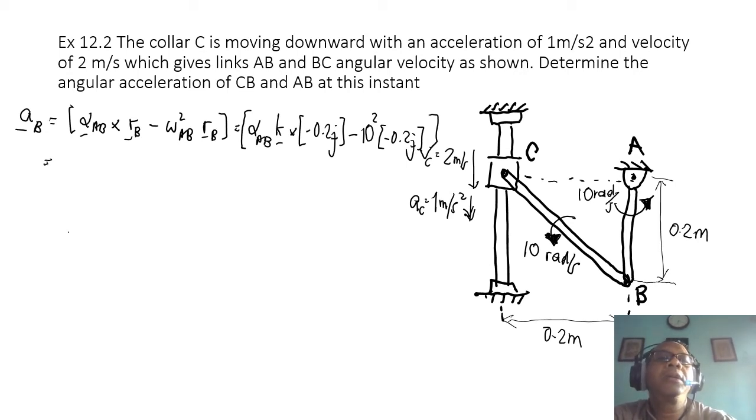So we will have K cross J, which is minus I, so minus and minus is positive, and we get minus 0.2 alpha AB I, minus 100 times minus 0.2J, which is positive, so plus 20J. Okay, so that's the acceleration of B.